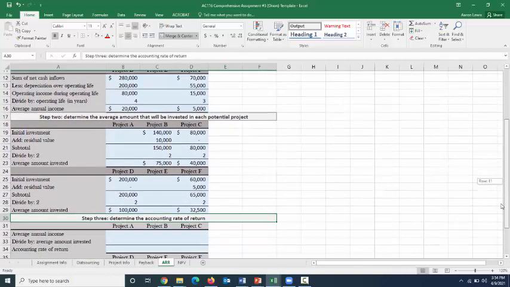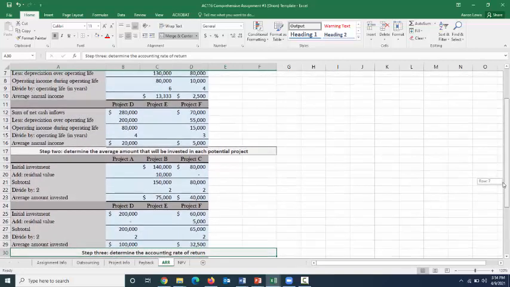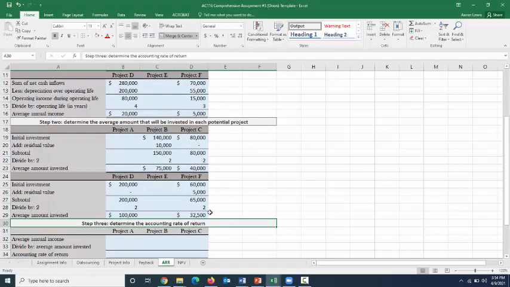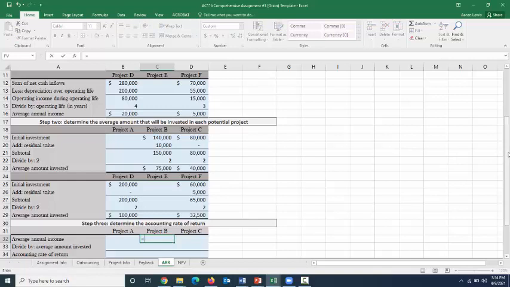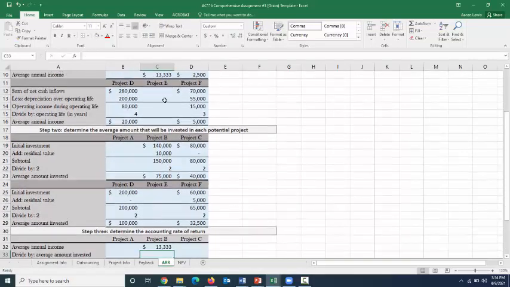So now we go through and we check the ARR of each of the remaining projects, and we do so by dividing the average annual income that we determined in step 1 by the average amount invested that we found in step 2. So for project B, our average annual income above was $13,333 per year.